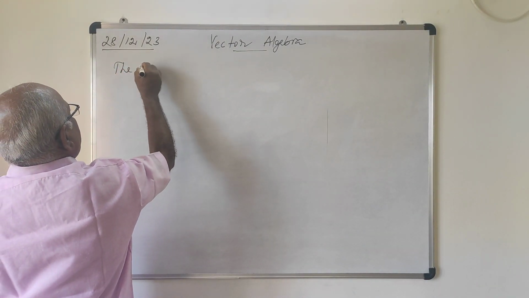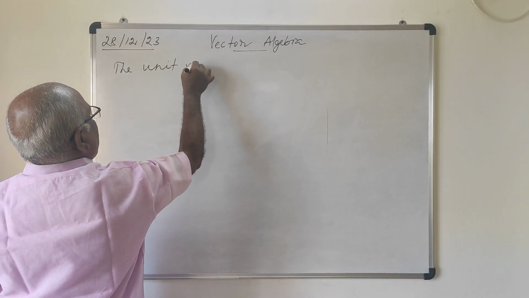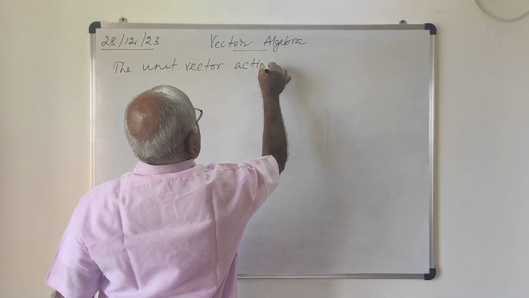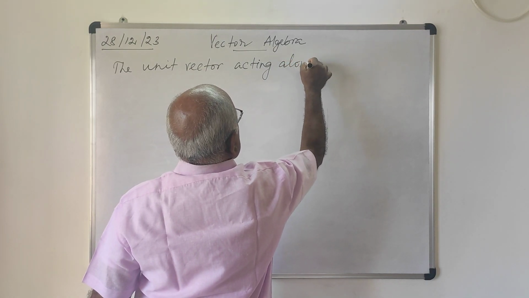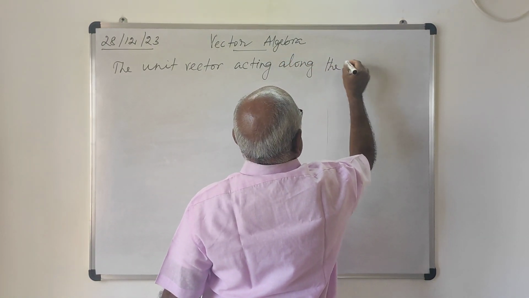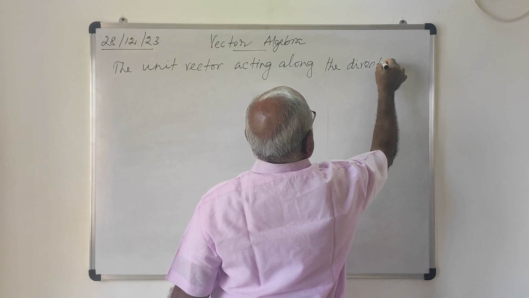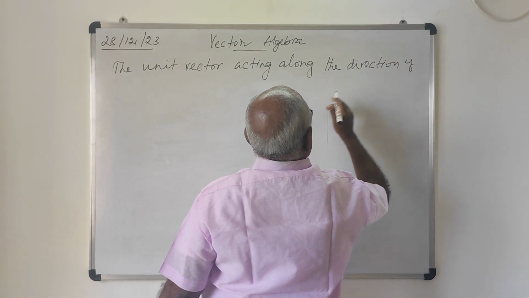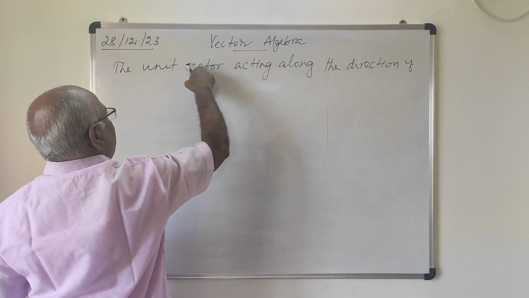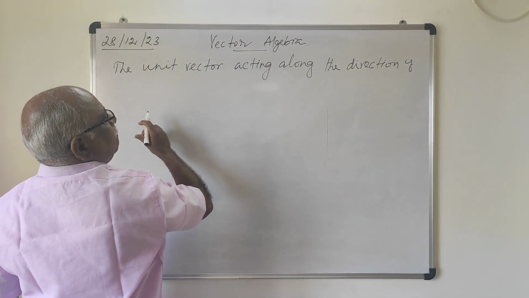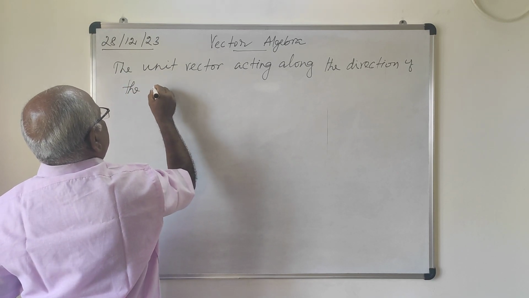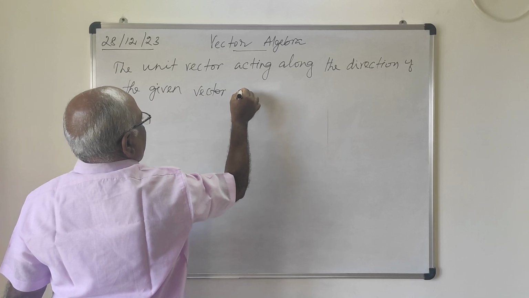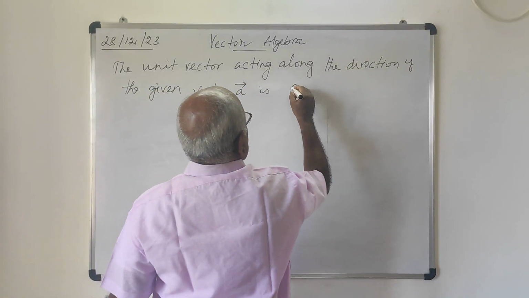The unit vector acting along the direction of the given vector A is A cap.